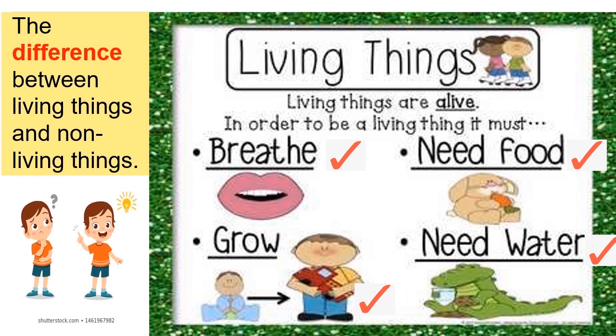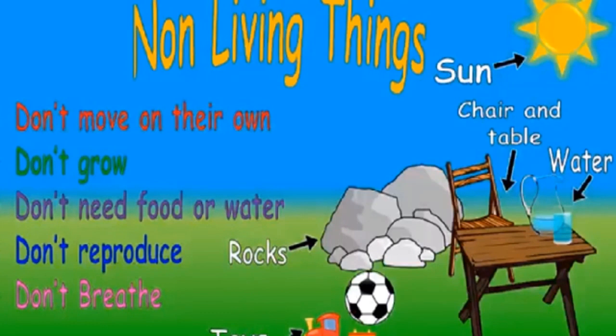Then let's look at the other one. How about non-living things? Non-living things, like the examples that we've got: rocks, chairs, or table, ball, and everything like that. So non-living things, the first one, they don't move. They don't move on their own. They don't grow.